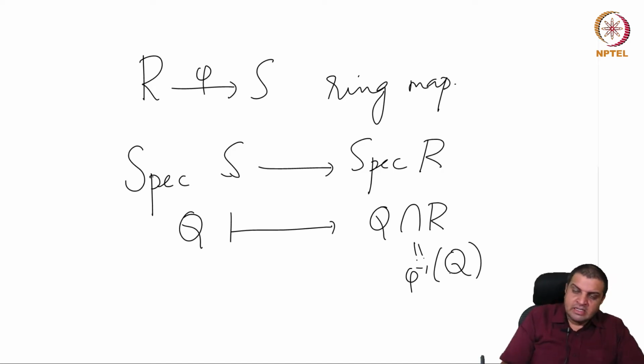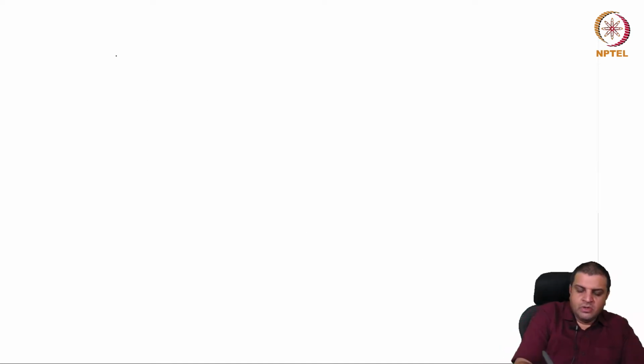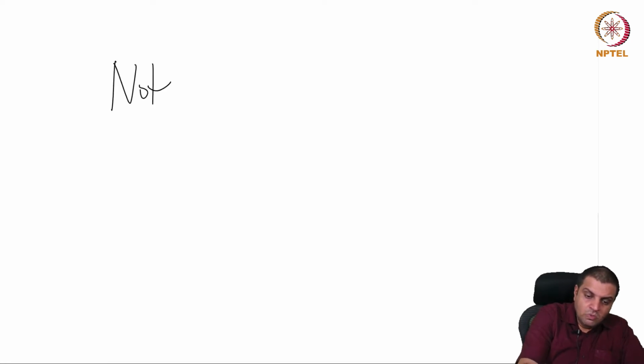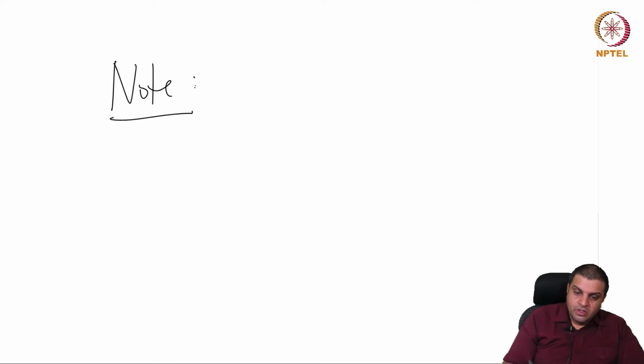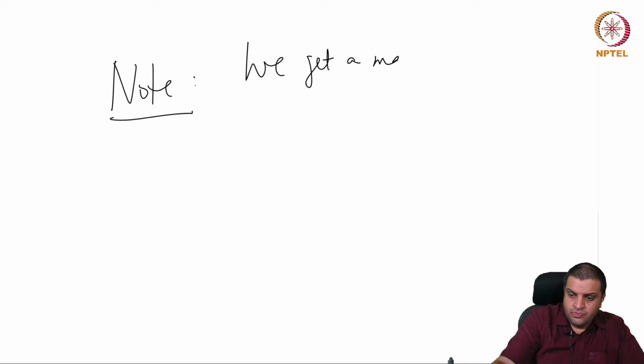And what exactly is this doing? That's what we would like to understand. Just one warning or note: we get a map from Spec S to Spec R, which right now is just a function.